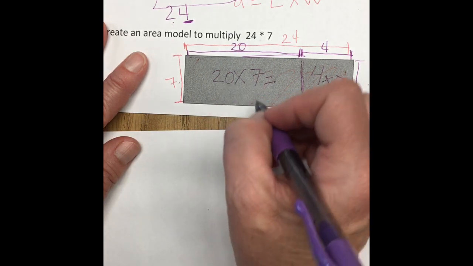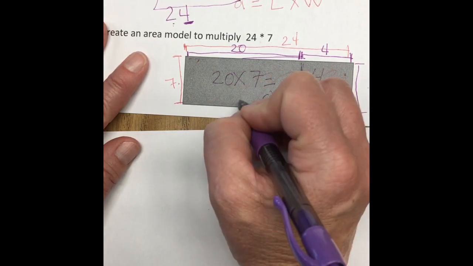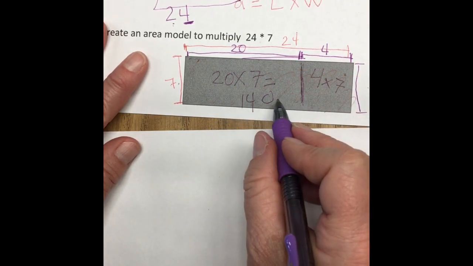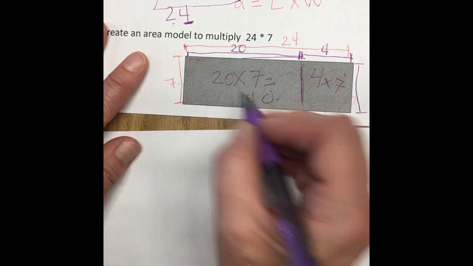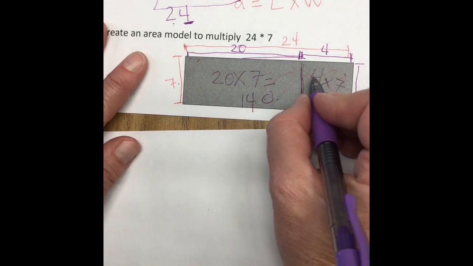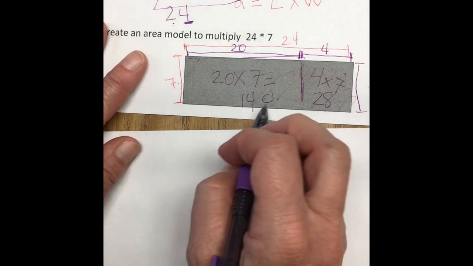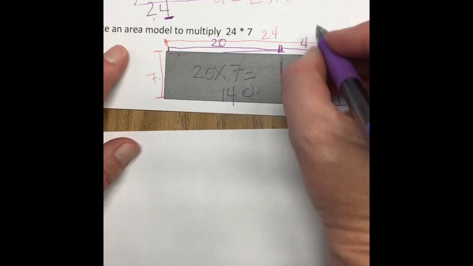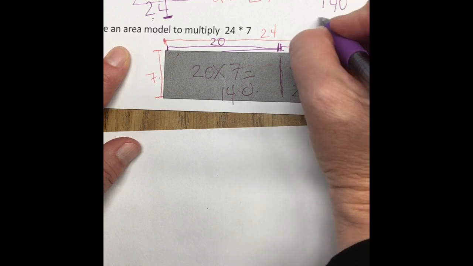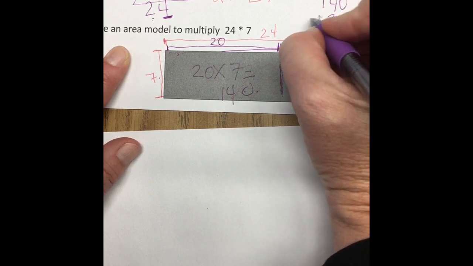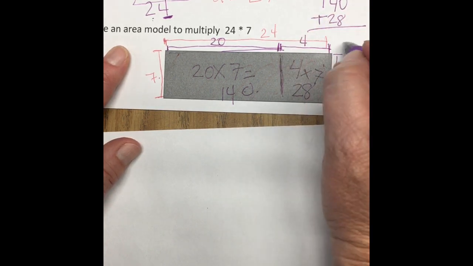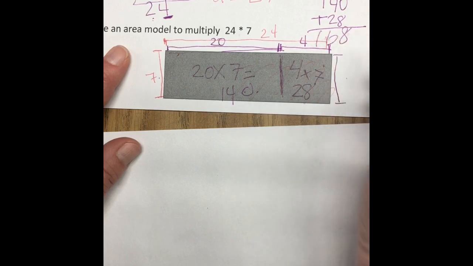And then I would just solve for that. And I know instantly that 7 times 2 is 14. So I get 140, right? The 0 times 7 gives me 0. 7 times 4 is 28. So then my last step is to add those two amounts together. 140 plus 28. And again, it should be pretty much math I can do in my head.